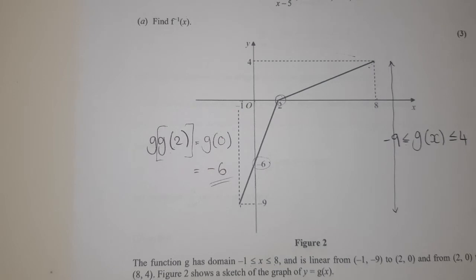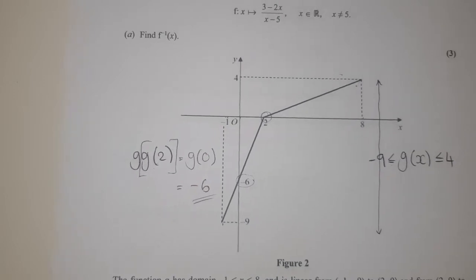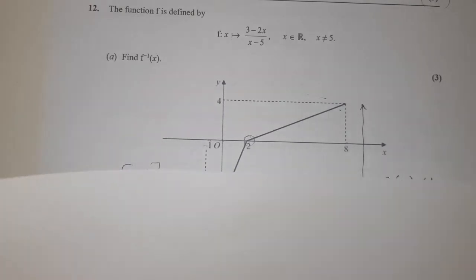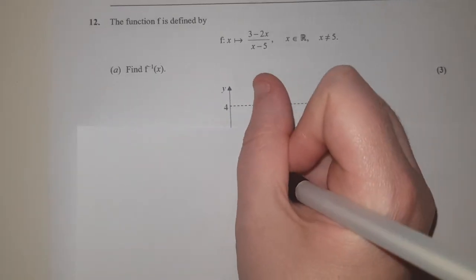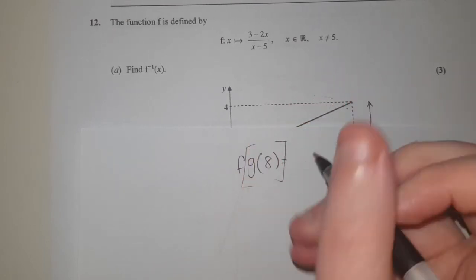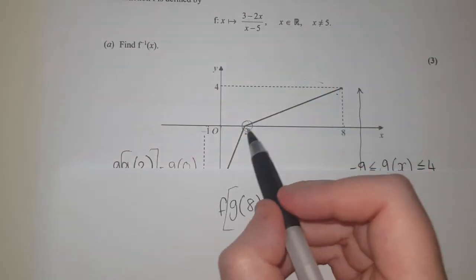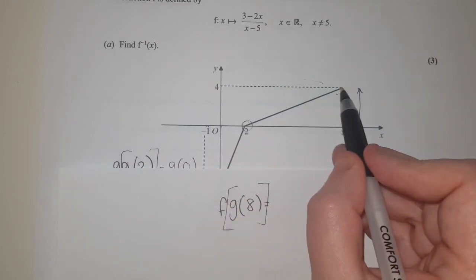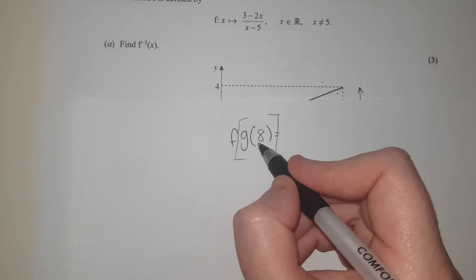Okay, last one is fg of 8. So a lot of different things going on here. fg of 8 means, first of all, we need to find g of 8. So again, x-axis, find 8. The result we've got is a y value of 4. So g of 8 just equals 4.